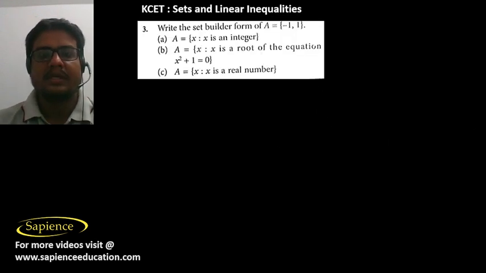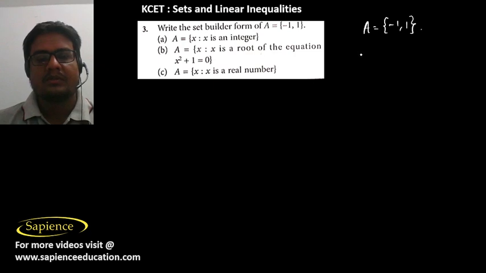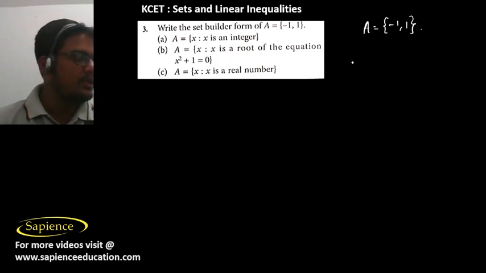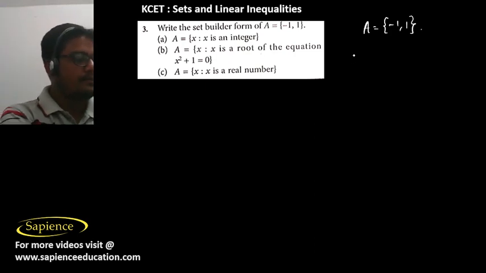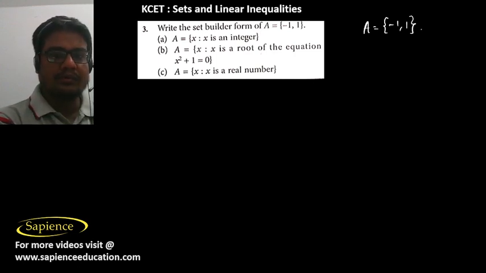Then write the set builder form of A equal to minus 1 comma 1. Here one more option was there.